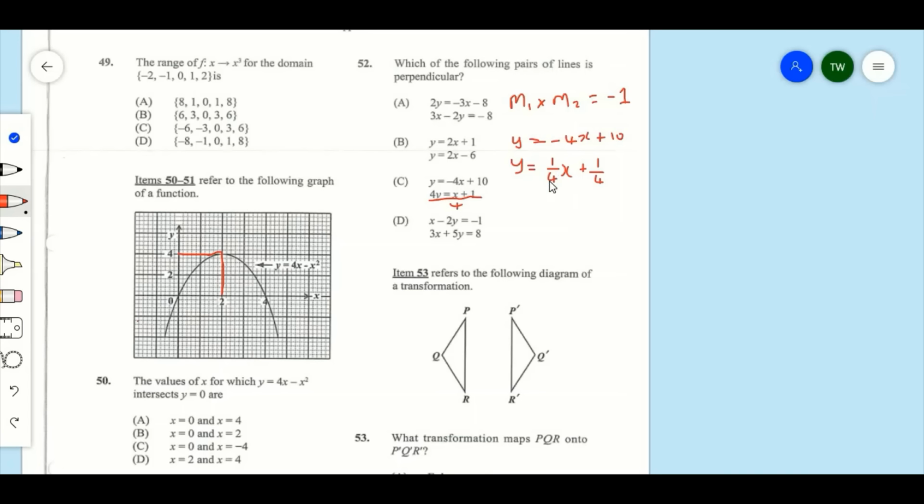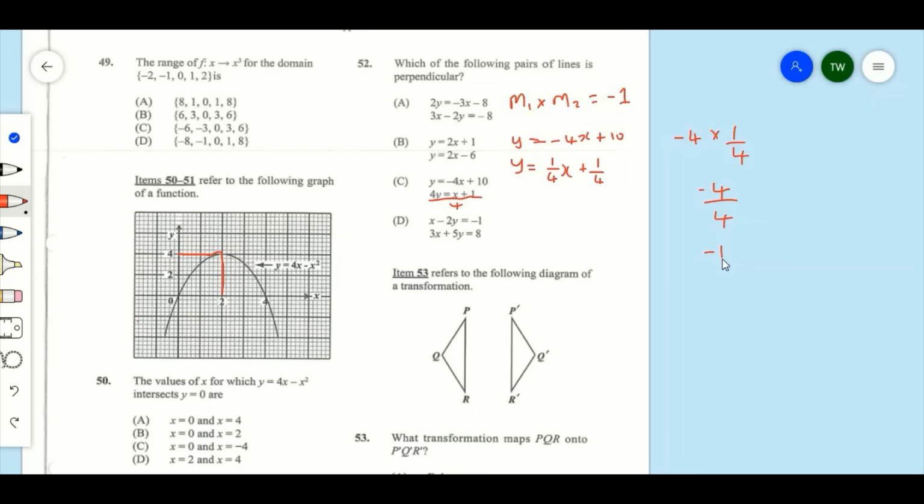Now, if both lines are perpendicular, then when we multiply their gradients, we should get -1. So let's do that. So it's going to be -4 multiplied by 1 over 4. -4 times 1 gives us -4 over 4, and -4 over 4 is the same thing as -1.